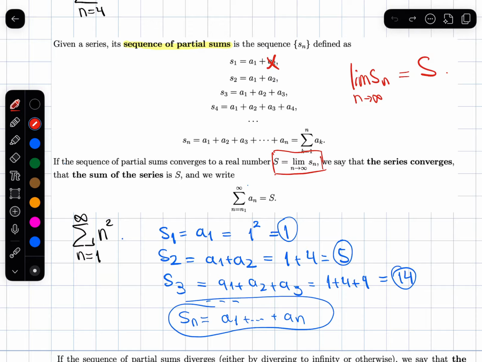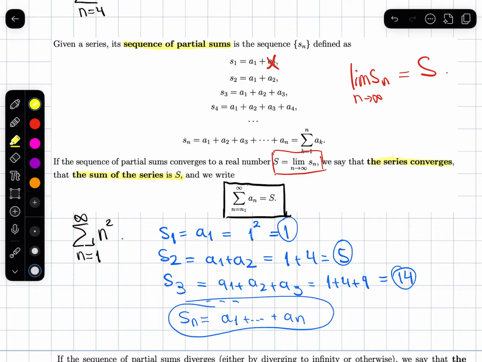This means my finite sums are getting closer and closer to a certain number, so I'm going to say that the infinite sum is that number at the limit. So I'm going to write this: it equals s, and I'm going to say that the series converges when that's the case, and that the sum of the series is s. That's a very formal way to think about it.